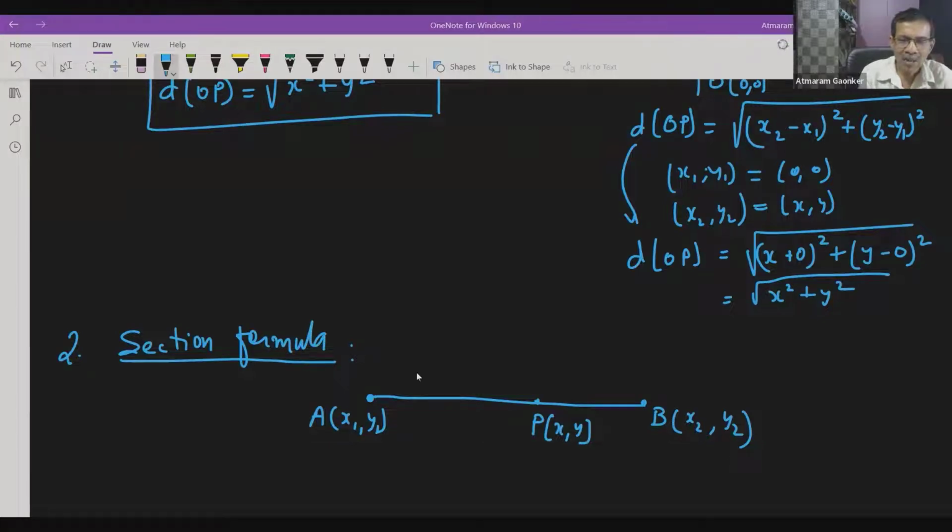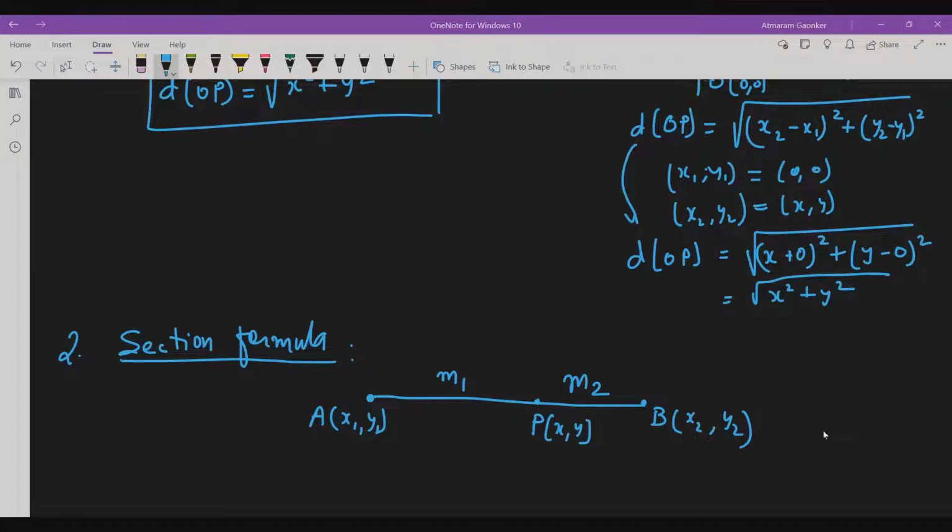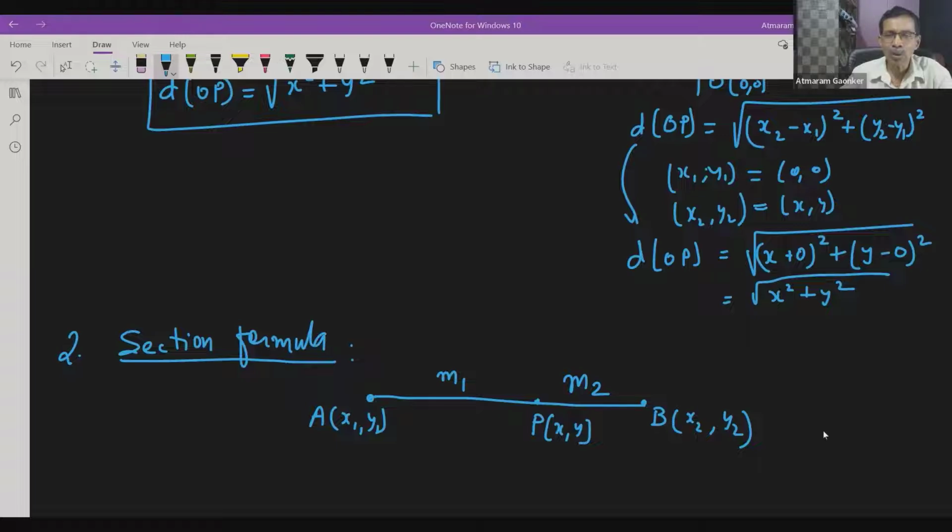And by what ratio is it divided? It is divided by a ratio called m1 is to m2. What do you mean by ratio? Have you heard about dividing the property among 2 or 3 brothers?